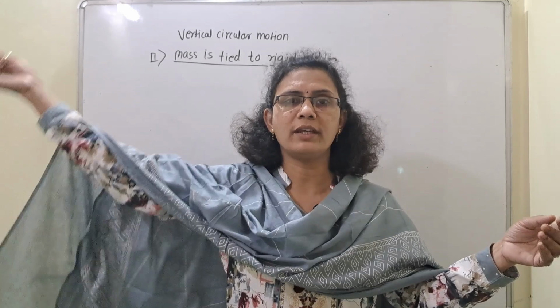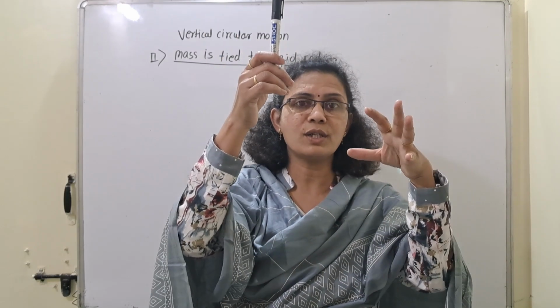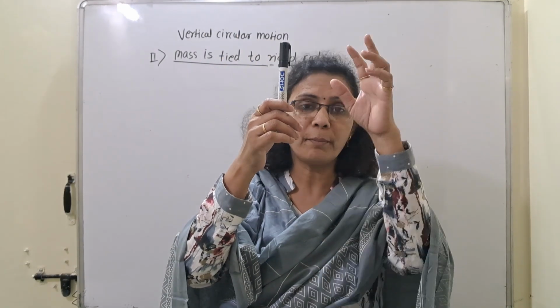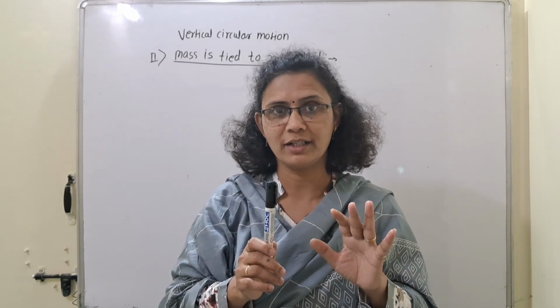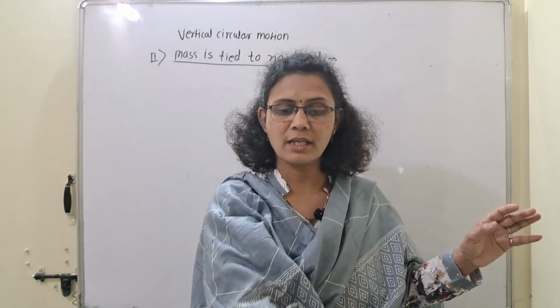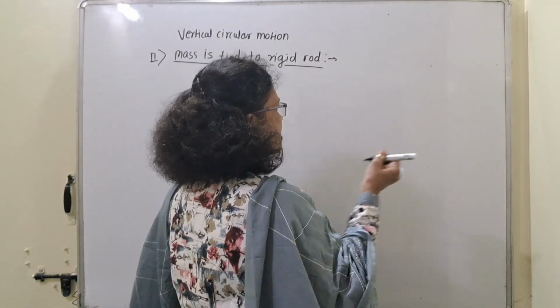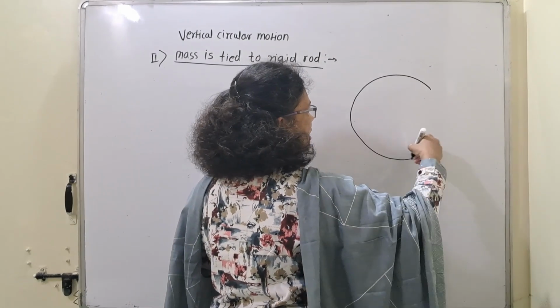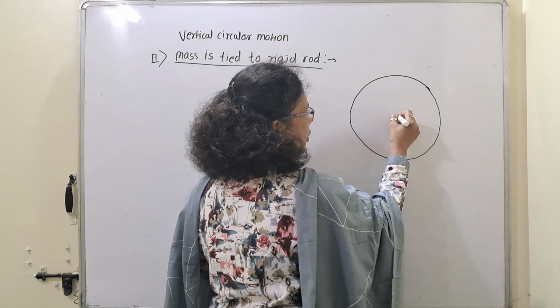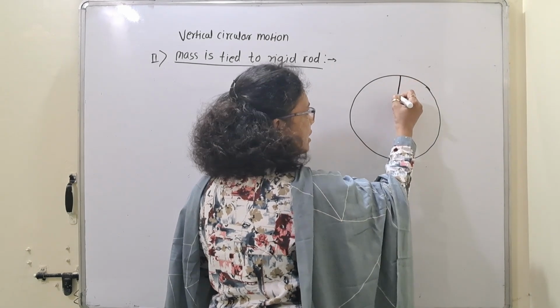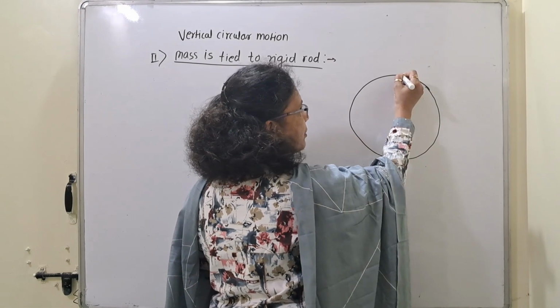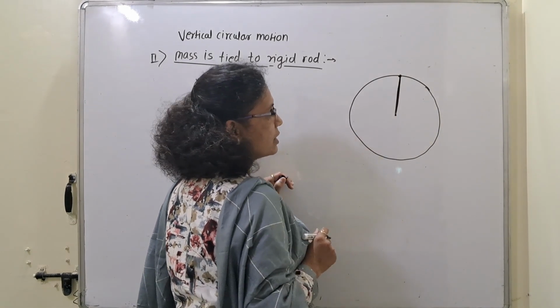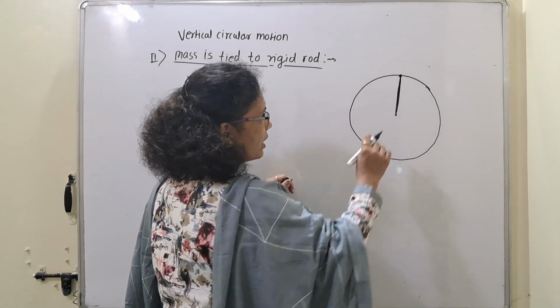If we stop here, all the energy possessed by this particle tied to the rod will be potential energy. This is the rod, and the particle is at the uppermost position.